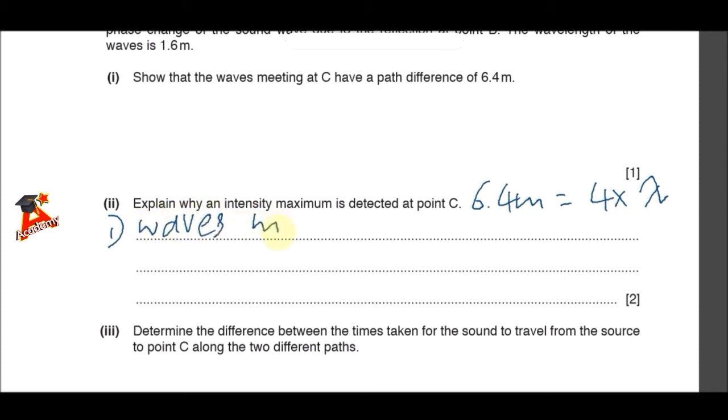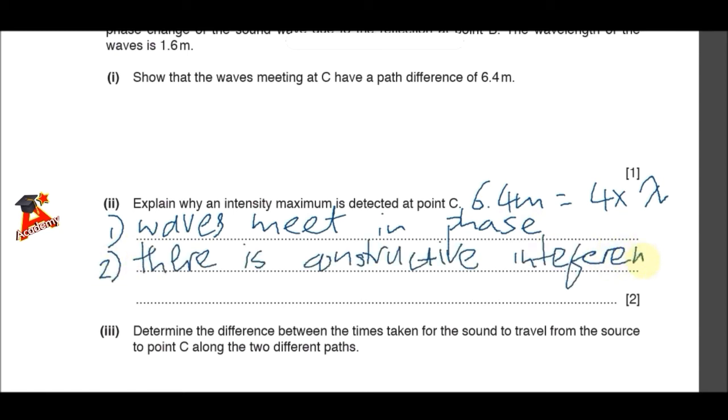And to get the second mark, we say that there is constructive interference there. So that's what we do to get those 2 marks.